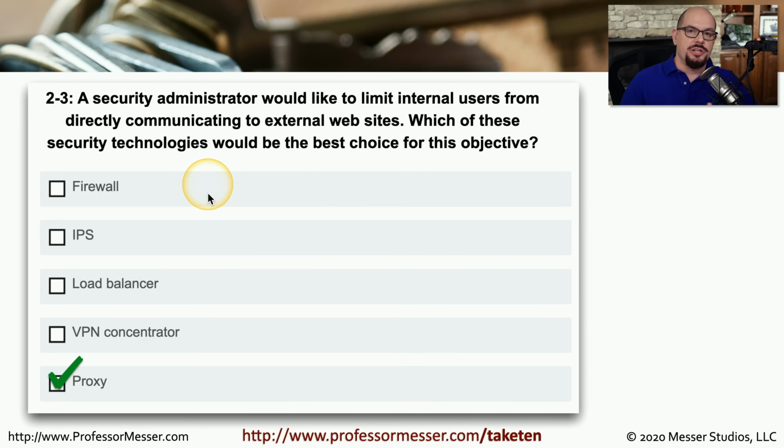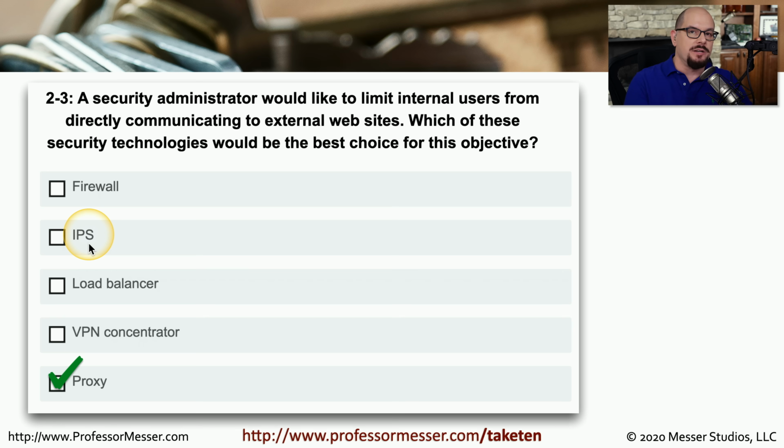Firewalls are great technologies if you need to restrict access to certain parts of the network or to allow or disallow traffic flows, but they're not necessarily the best choice if you would like to limit internal users from directly communicating to external websites. That really does fall into the qualification of a proxy. Intrusion prevention systems are designed to prevent any type of known vulnerability or known type of attack.